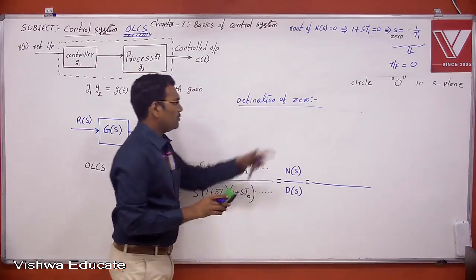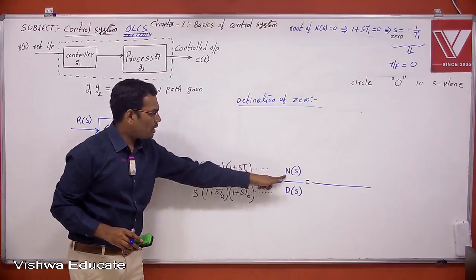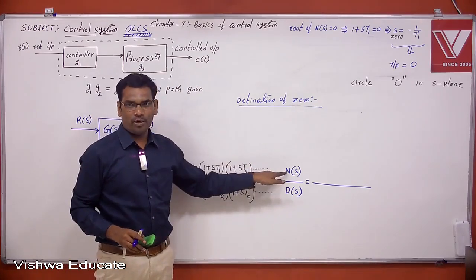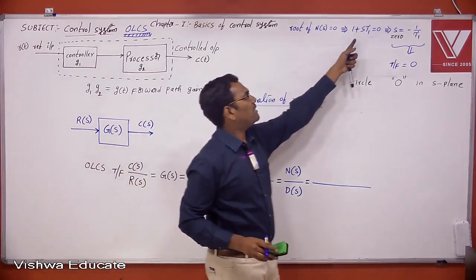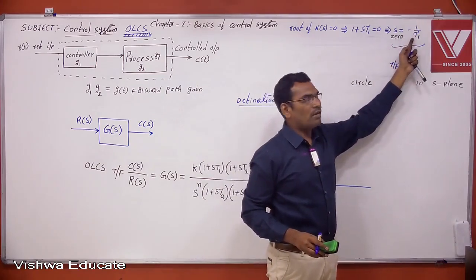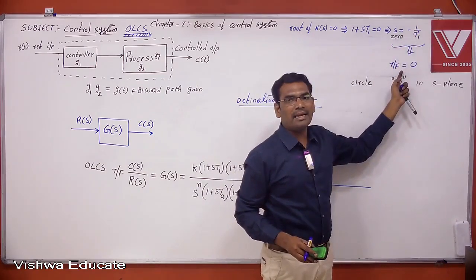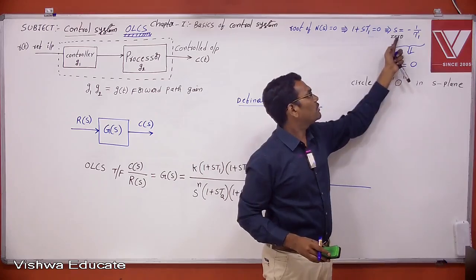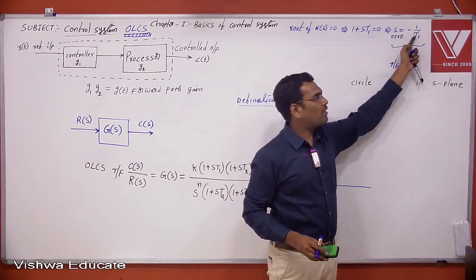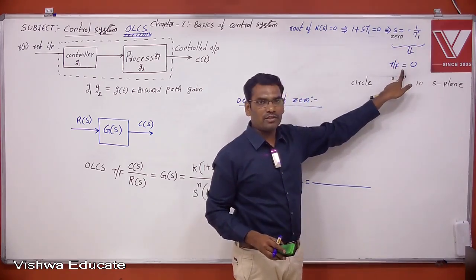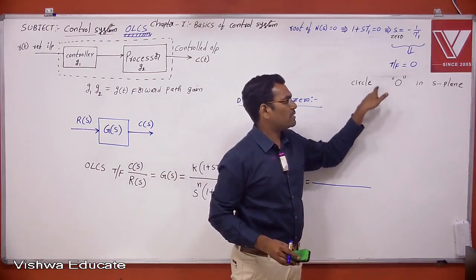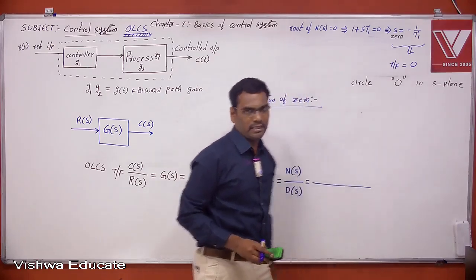A zero is the root of the numerator polynomial, which is a function of time constants, which makes the transfer function 0, and is represented by a circle symbol in the S plane.